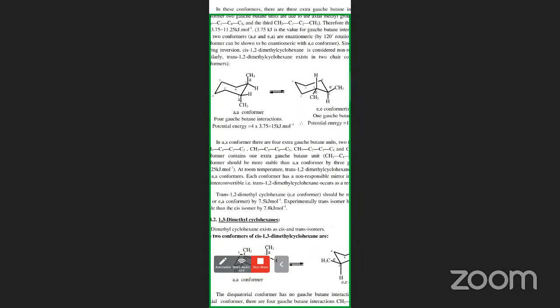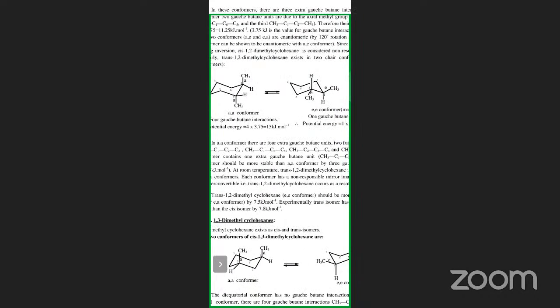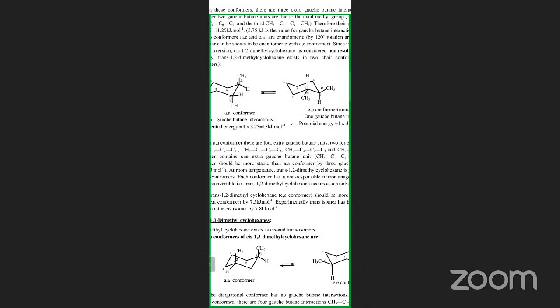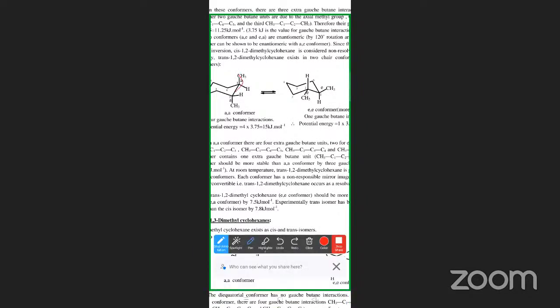Okay. Now here coming to this axial equatorial, other equatorial. Okay. So in the diaxial, you see, right? Diaxial, here. Just to assume, right? These are Sawhorse formula, right? So you say these are trans. Okay. Two methyls are in the trans direction, right?